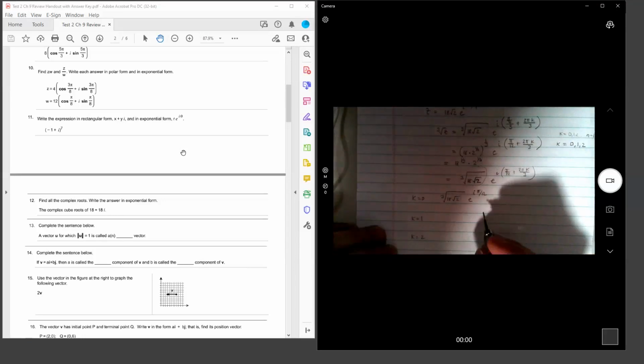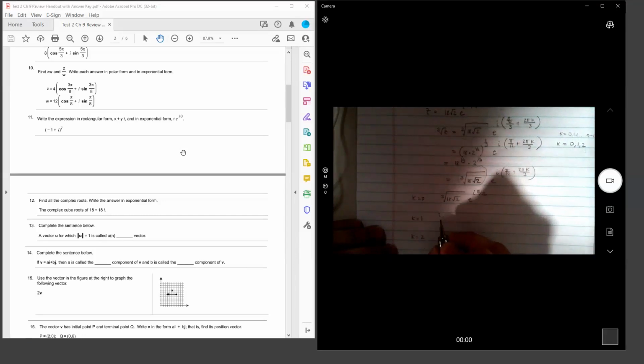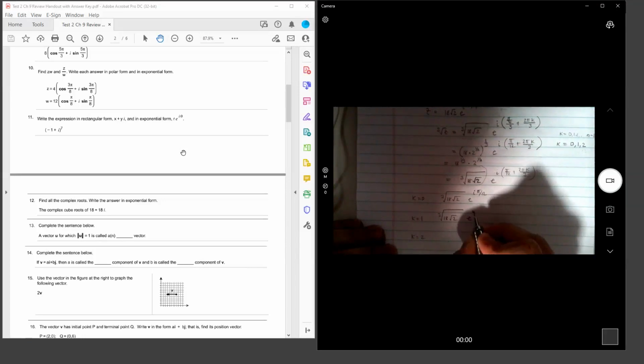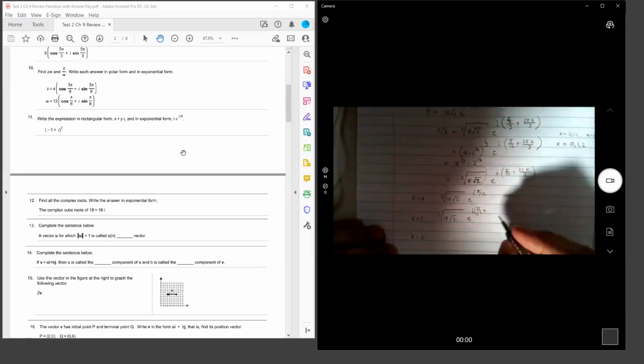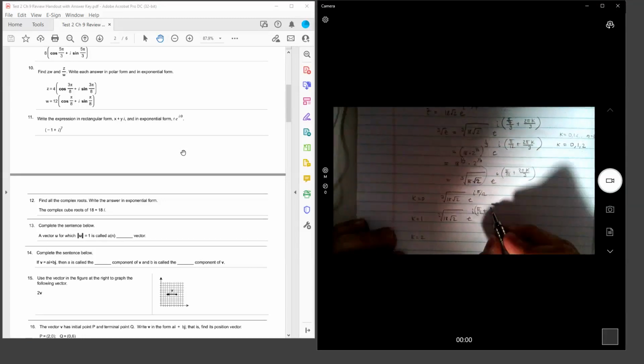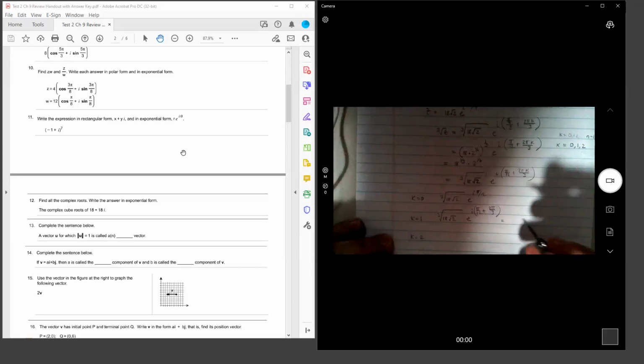K equals 1. So the cube root of 18 times the square root of 2, here we have pi over 12 plus, if k equals 1, this is just 2 pi over 3. So let's clean that up.